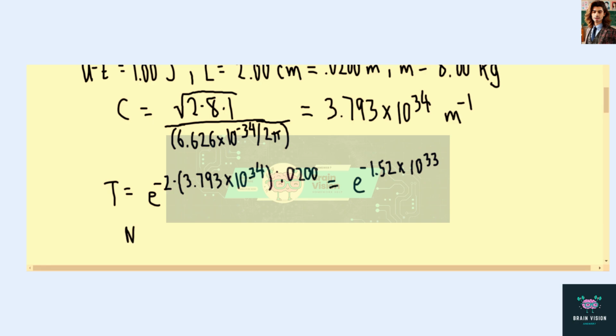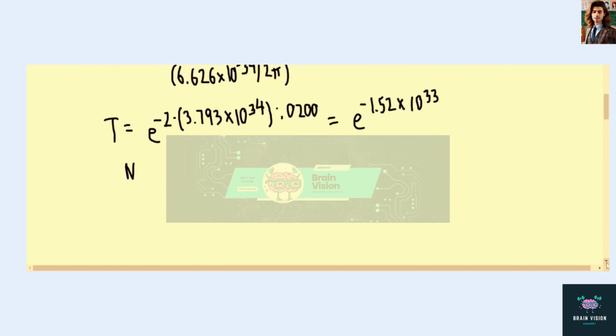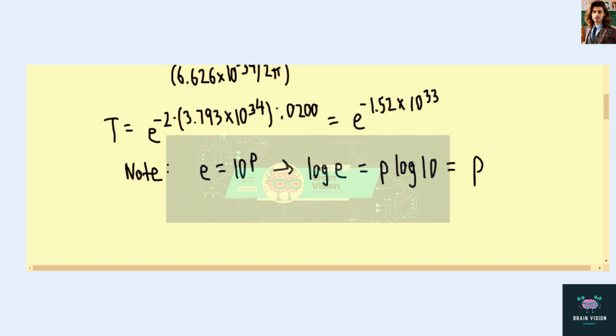Now there is a trick to writing this as a power of 10. So note the following. e can be written as a power of 10. e is equal to 10 to some power p. So what you would do then is you take the log base 10 of e, which means that if e is equal to 10 to the p, log e is p log 10, which is equal to p.